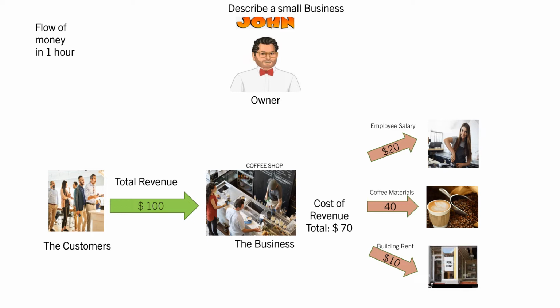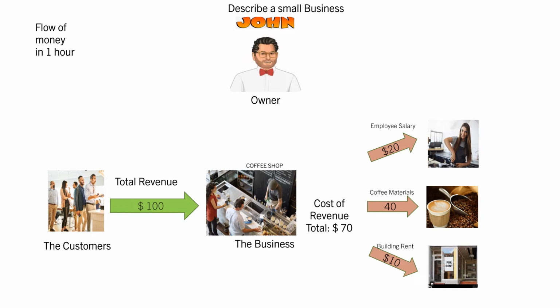So we start off at the beginning and we look at the customers. Okay, the customers go to the business and they spend $100 in one hour. So that would be the total revenue. As I go through these figures, you want to absolutely remember the terminology because I am using the terminology that directly relates to stock investing.